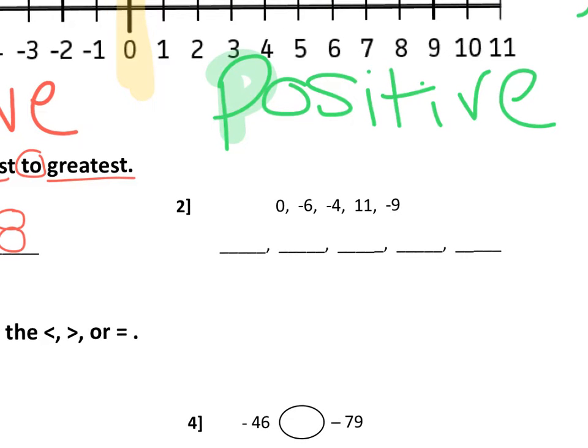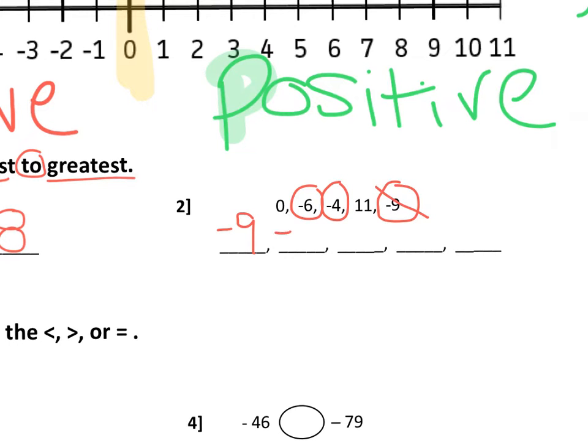All right, now let's look at this one. We're going to compare or order these integers. Remember, if we're starting with the least, we're going to start with our negative numbers. The deeper you are into the negatives, or the more you owe, the less you have. So what shows being owed the most is negative 9.